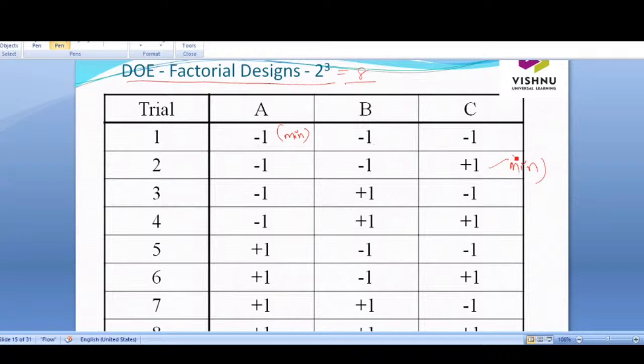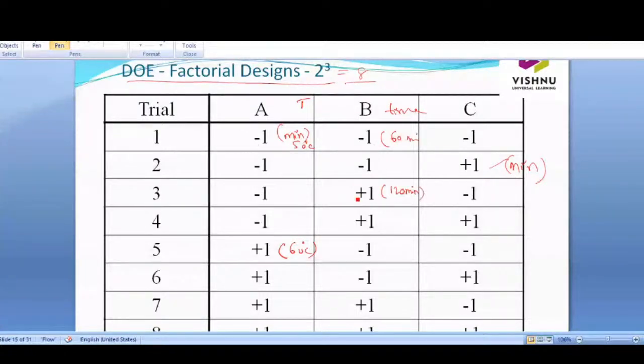So you can design, let us say A is the temperature. I'm considering temperature 50 degrees Celsius as the minimum and the maximum is 60 degrees Celsius. So now I have to conduct the experiment from temperature 50 to 60. Similarly, the second parameter is, let us say, the time. I am considering 60 minutes as the minimum and 120 minutes as the maximum.